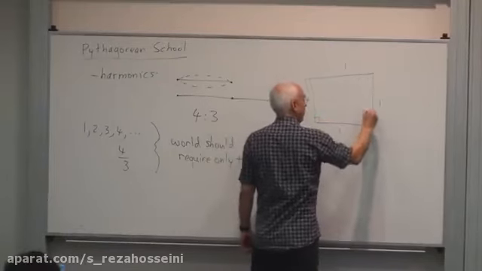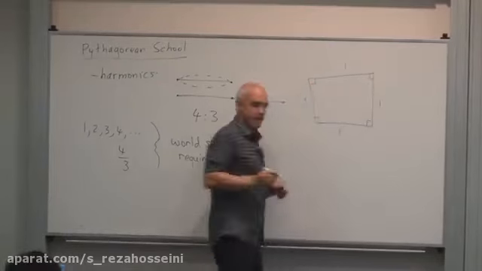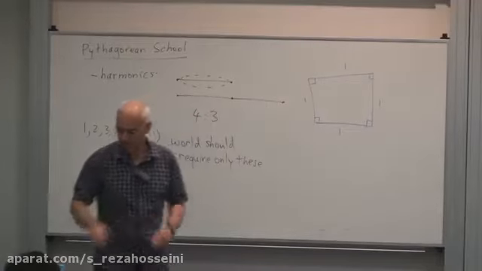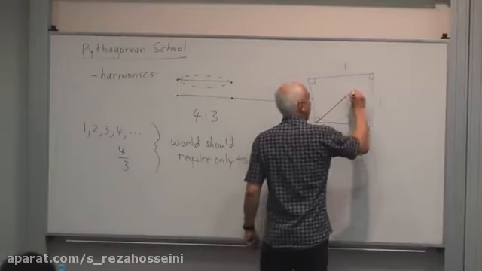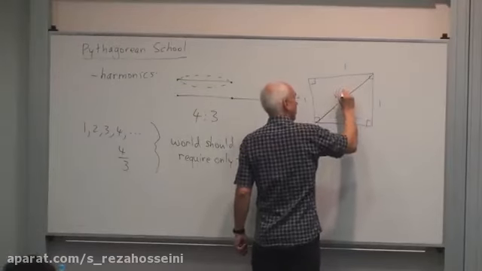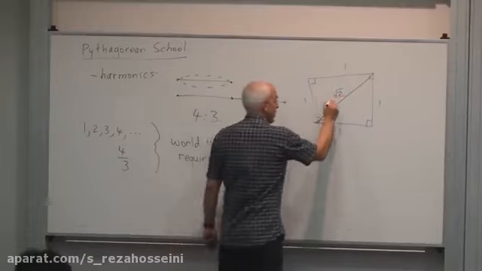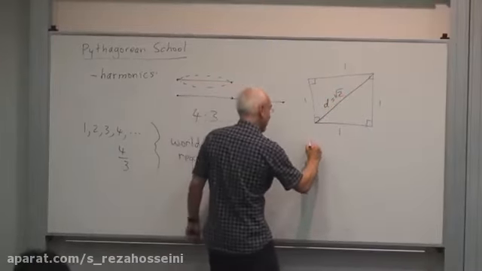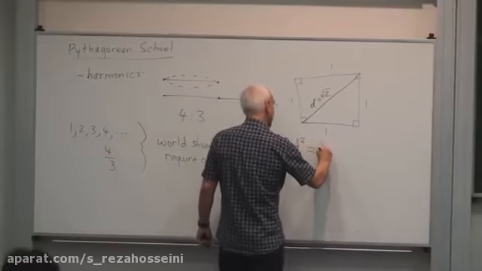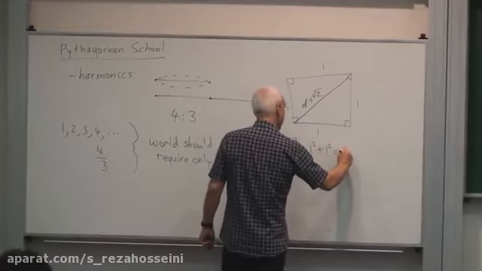There's a square. And the diagonal of that square, which these days we all know is, well, we call it root 2. Okay? Whatever the number d is, by Pythagoras' theorem, it's got to have the property that d squared equals 1 squared plus 1 squared, which is 2.